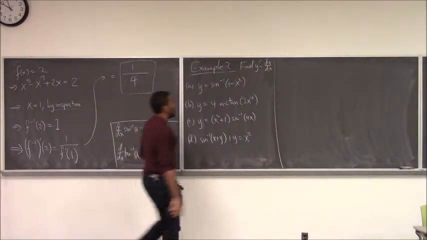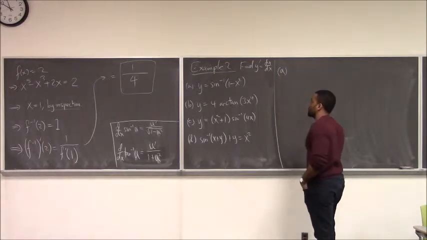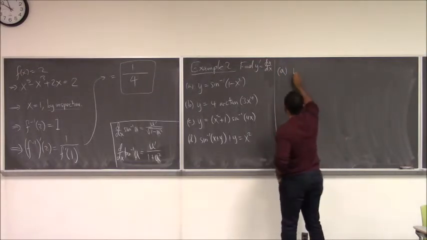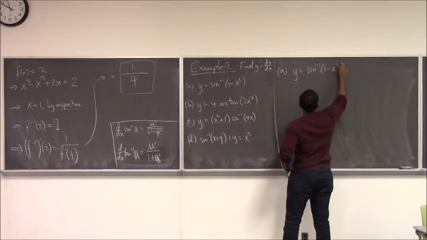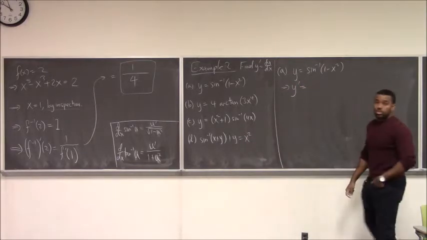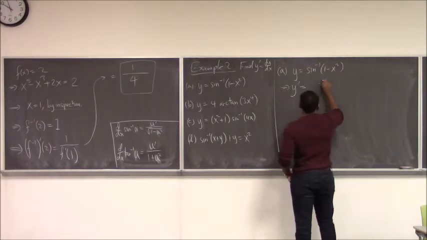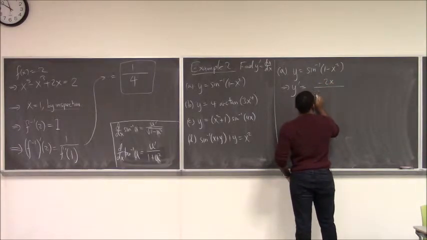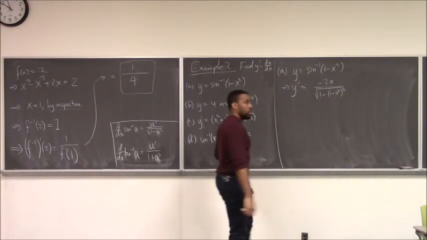Okay, what's the first one? Negative 2x over the square root of 1 minus x squared, quantity squared. Can do that.